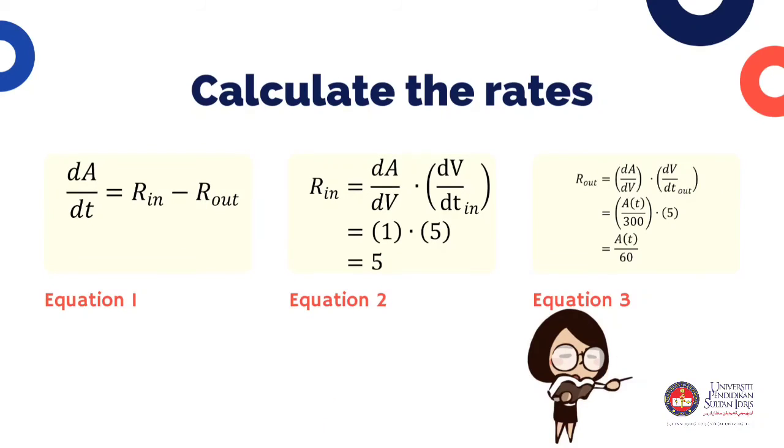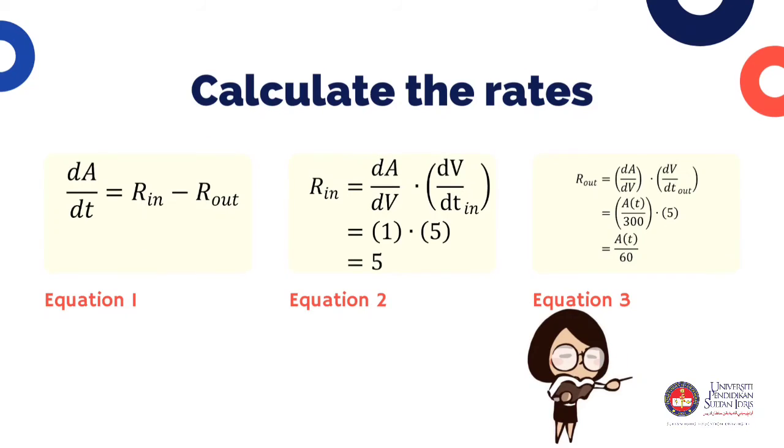Second, the rate out of salt equals the concentration of salt times the rate of water flow, dV over dt out. When the solution is mixed, the concentration of the salt will change. So, we write it as A(t) over the volume of the tank, which is 300 liters, and the rate of water flow, dV over dt out, is 5.